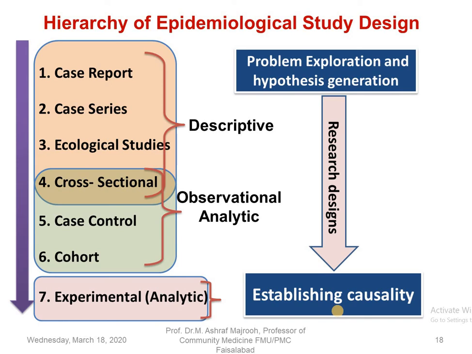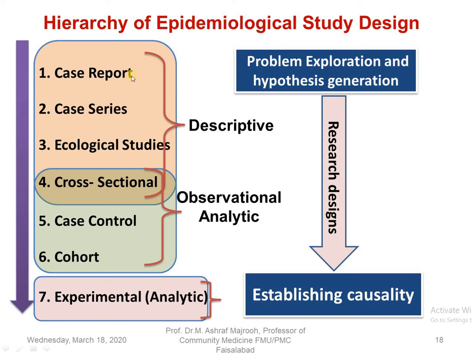Then hierarchy of epidemiological study. This is the evolutionary hierarchy. First, we have the exploration and generation of hypothesis, and then we ultimately establish the causality. So at first step, we have the study designs to explore the things, to describe the things.